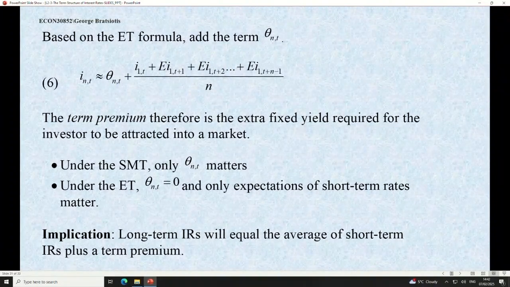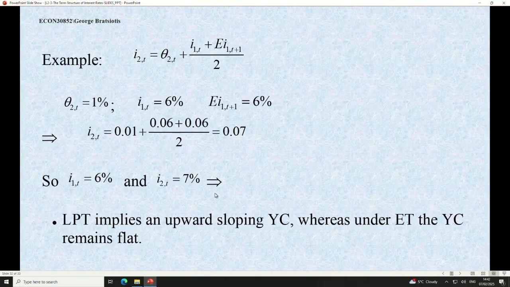Implication: long-term interest rates will equal the average of short-term rates plus a term premium. So basically you've got the expectations theory plus the premium that comes from the segmented markets theory.